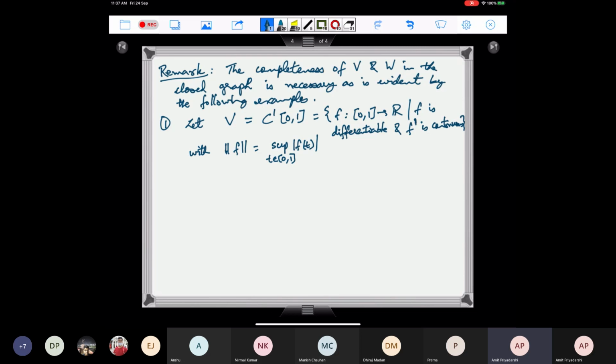So this is for all f in V. And note that there are other norms also on C^1[0,1]. I can take the supremum of |f(t)| plus the supremum of |f'(t)|. So with that norm, this V becomes a Banach space. But with this norm, this is not complete.